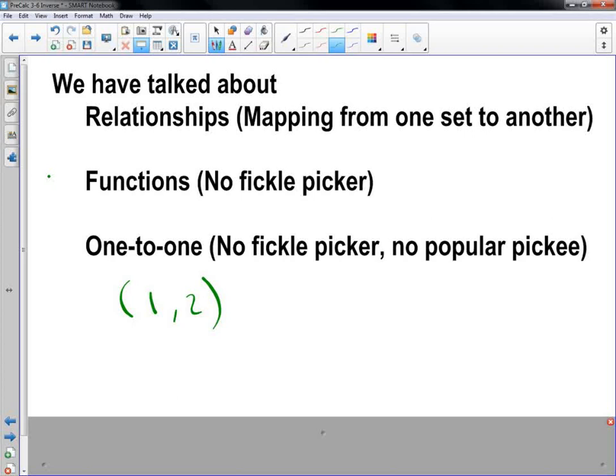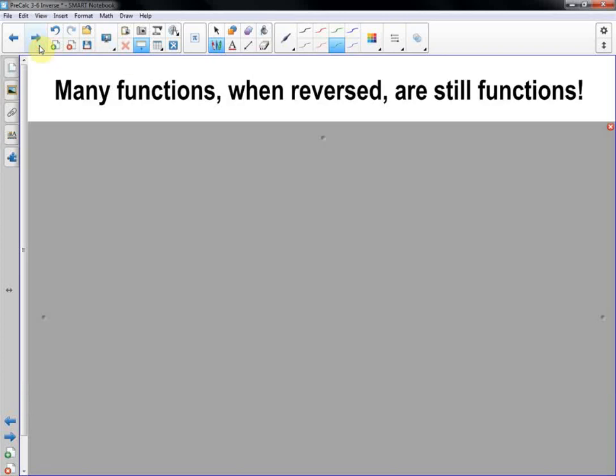That means one-to-one. Okay, so if I had (1, 2) and I had (3, 2), this is a function, but not one-to-one. Okay. So that's the difference there. All right, so now when we talk about one-to-one, many functions, when they are reversed, are still functions.